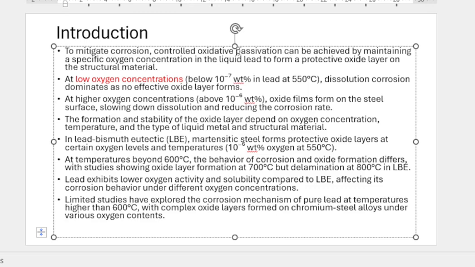At higher oxygen concentration, above 10 to minus 6, an oxide film forms on the steel surface, slowing down dissolution and reducing the corrosion rate.